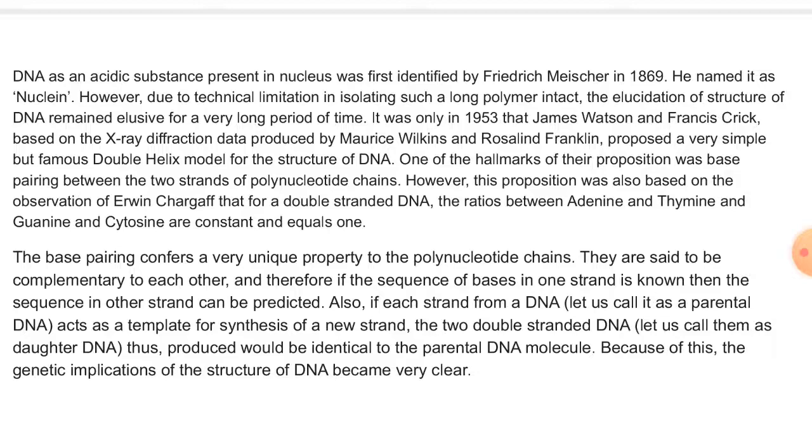Then the amount of adenine is always equal to that of thymine, and the amount of guanine is always equal to that of cytosine. So adenine equals thymine, guanine equals cytosine. Why? Because when pairing occurs, it is always between adenine and thymine, with 2 hydrogen bonds, and between cytosine and guanine, with 3 hydrogen bonds.